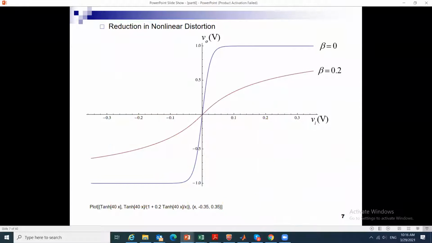Hello. Another property that we have here, assuming beta equals 0, is the no feedback case.